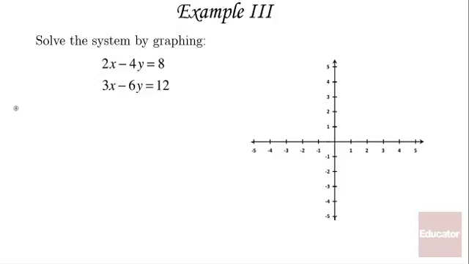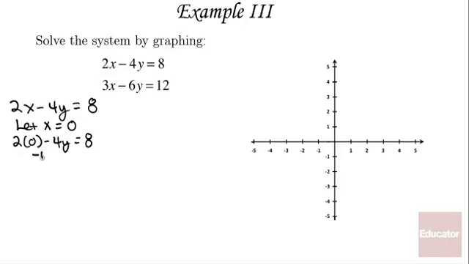Okay, so I'm going to find the x and y intercepts, and remember that when you're finding the y-intercept, what you're going to do is let x equal 0. So if I let x equal 0, I'm going to have 2 times 0 minus 4y equals 8, or minus 4y equals 8, which is going to give me y equals negative 2.